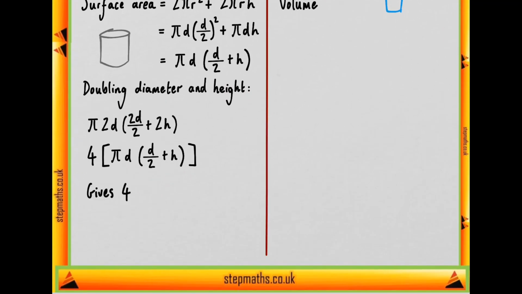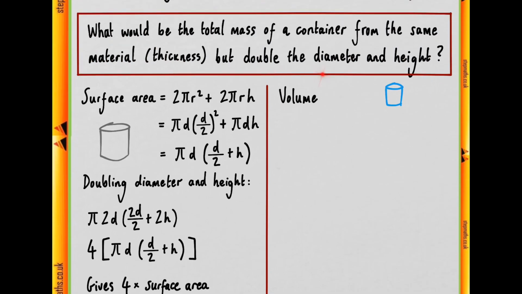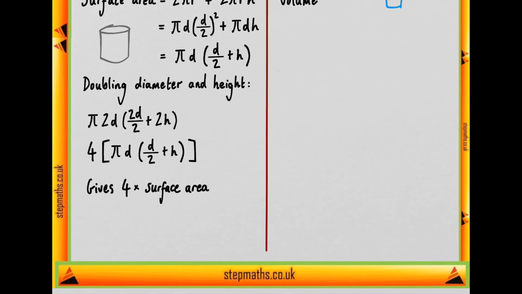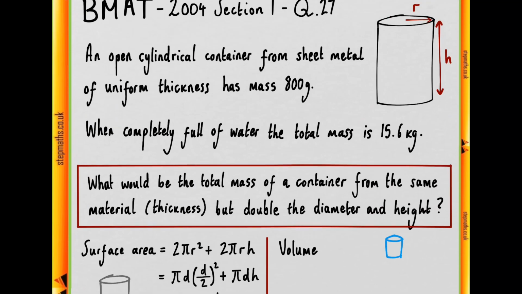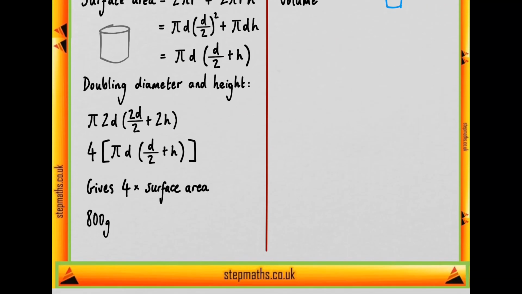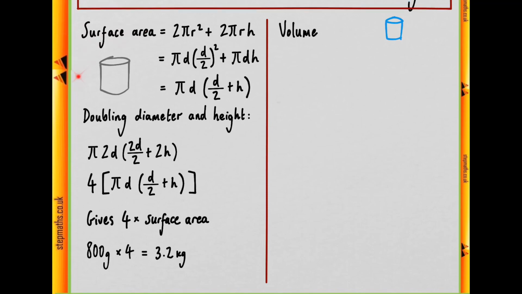Therefore the mass of our raw cylinder, which started off as 800 grams, we can multiply by 4 to give 3.2 kilograms. So that's the new mass of our cylinder.